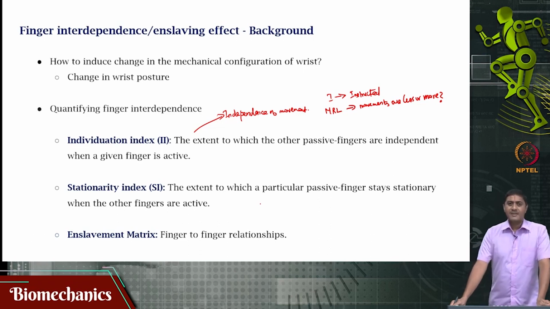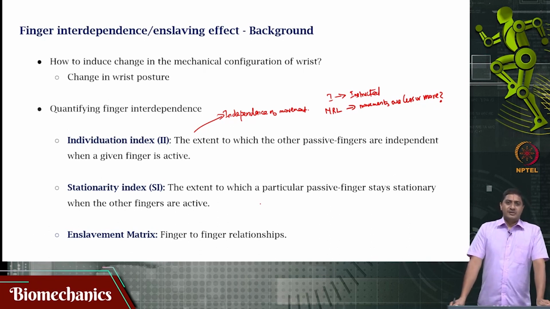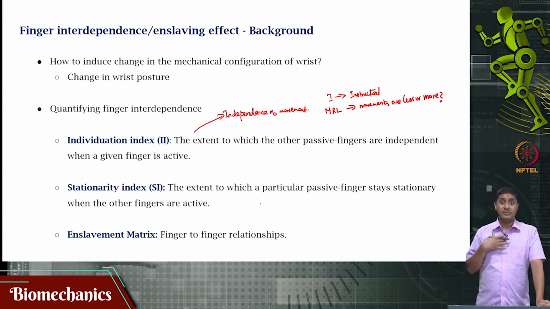Simply put, let us say there are 4 people in a room, okay. Let us say I am one of them, let us call myself W, and there is a person X, and there is a person Y, and there is a person Z. I am W. Let us say that I am making a statement, or I am saying something.